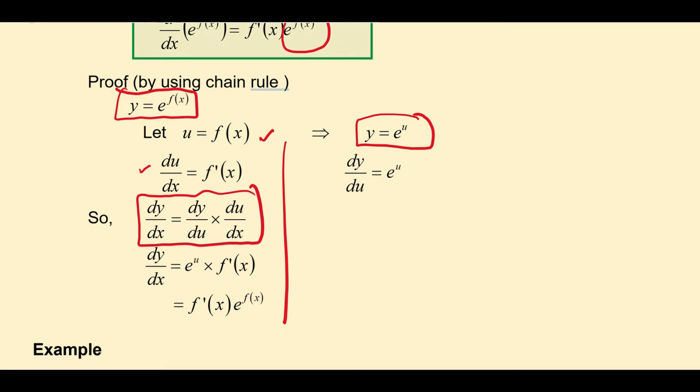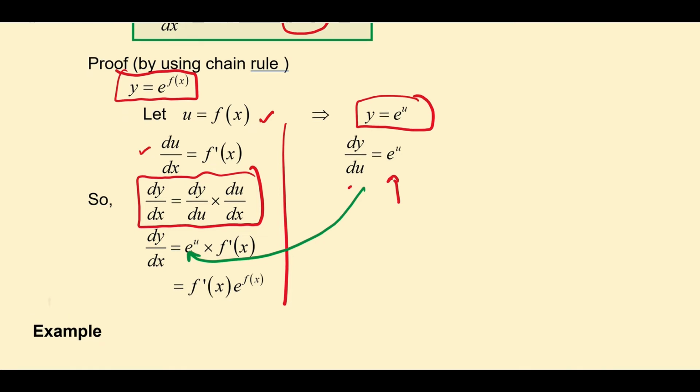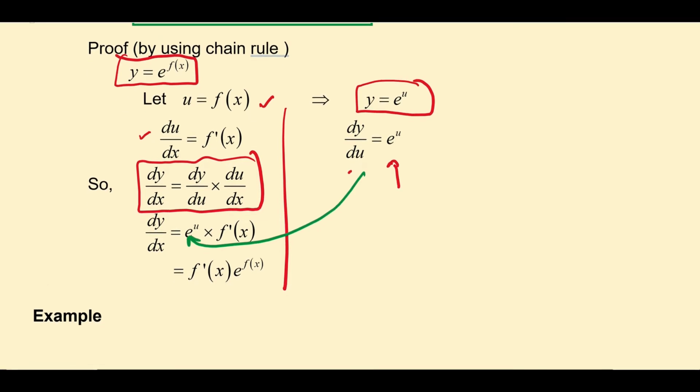Therefore, dy/du is e to the power of u. I will bring dy/du here, multiplied with du/dx. The answer is f'(x). Then, what is e^u? e^u is e to the power of f(x), multiplied with f'(x).